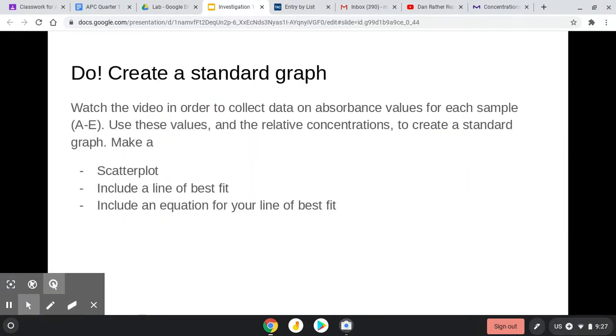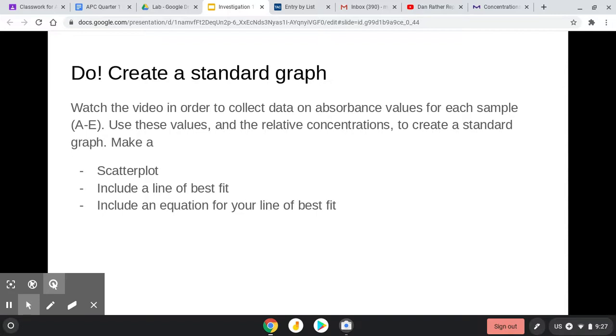Okay, just a couple more things. I want to walk you through the whole lab so you know what you're doing. After we make these dilutions, I'll create a video so that you can see the absorbance values for each of the samples, A through E. You're going to use these values and their relative concentrations to create your standard graph. You want to make it a scatter plot.